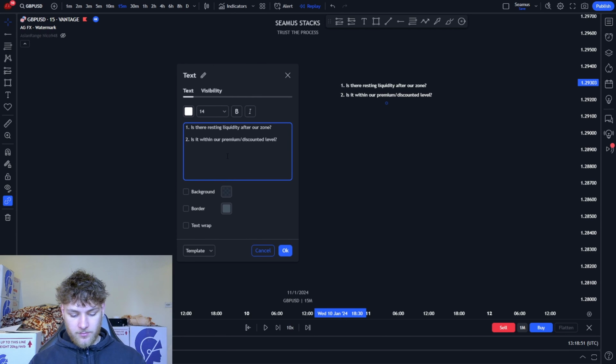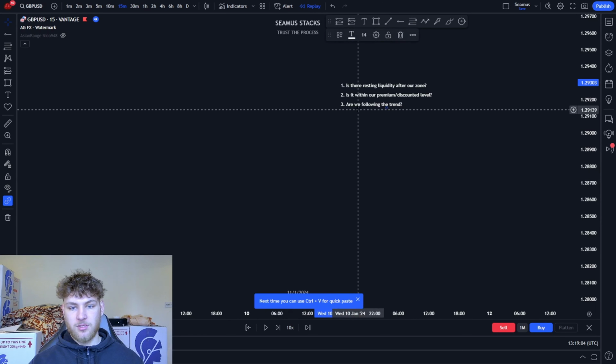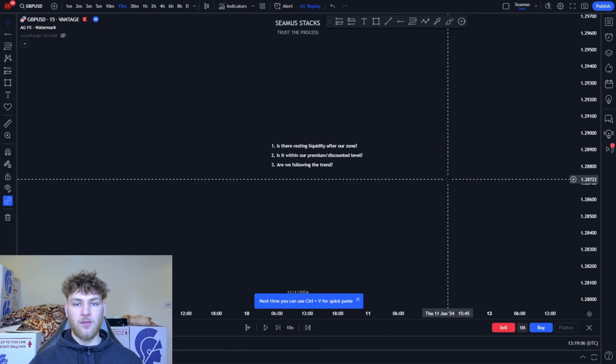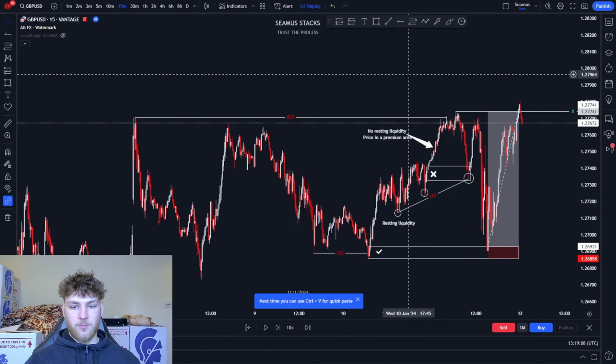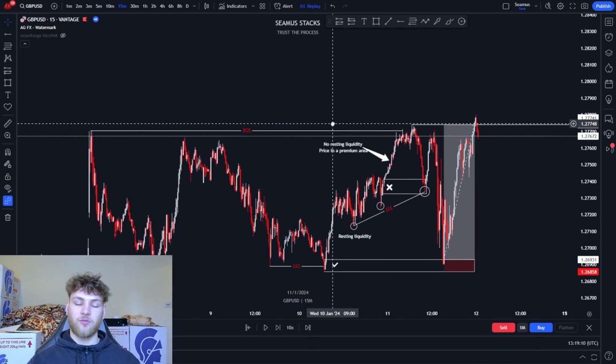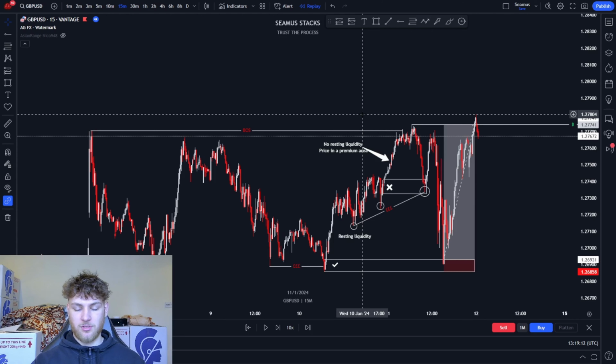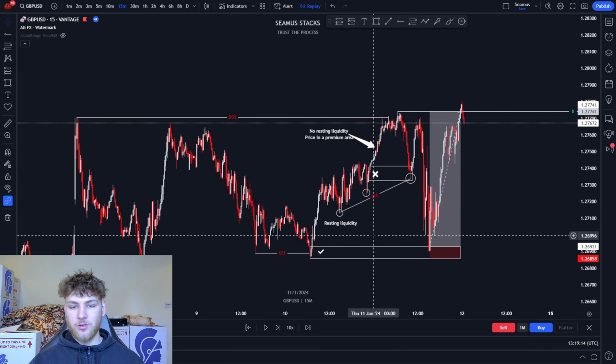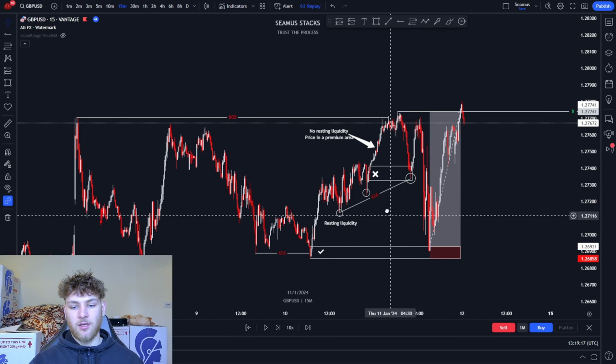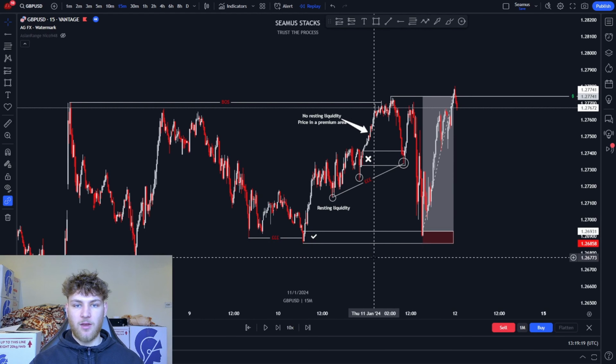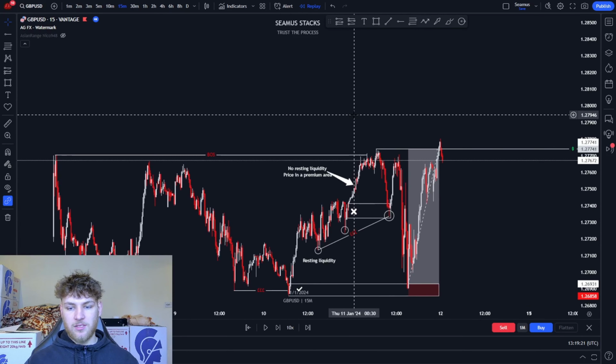And thirdly, are we following the trend? Okay, so you want to be looking for swing breaker structures before you then look for your longs or your shorts. So for example, in this example that we looked at here, we saw that we got this breaker structure to the upside. So we're following the trend because we're looking for longs. Okay, so we're looking for longs, we're looking for resting liquidity, and we're looking for that discounted area. Okay, and that's it. It's very simple.